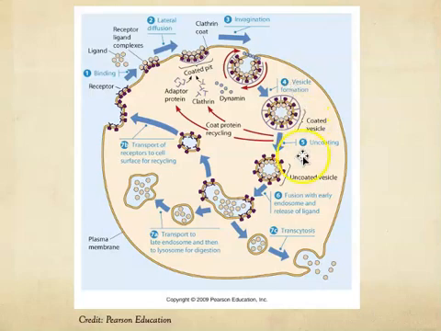Eventually, this vesicle is going to get uncoated, and the only thing that is left now are these ligand receptor complexes in the membrane. The uncoated vesicle is going to merge with early endosomes, and it's that merging that will trigger proton pumps to bring hydrogen ion inside.